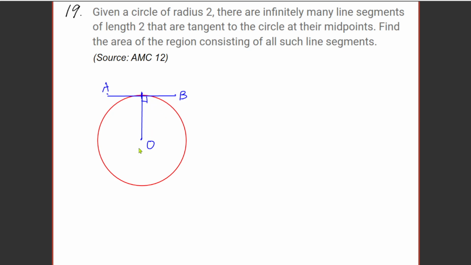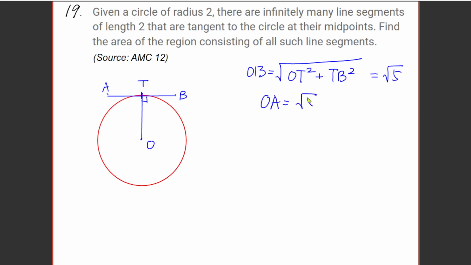Let's call this point T. From the right triangle OTB, we have OB equals square root of OT squared plus TB squared, and this is square root 5. Similarly, OA is also square root 5. The endpoints of all of our tangent segments are square root 5 away from O.